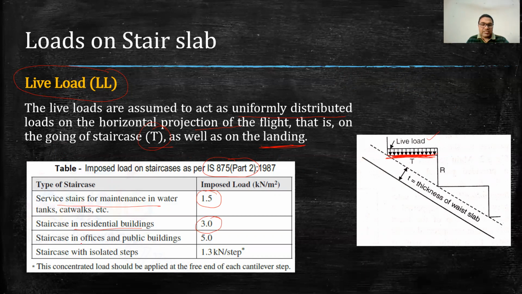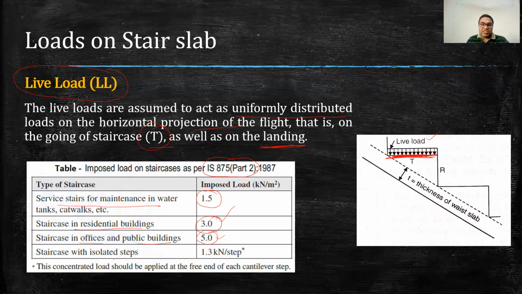If the staircase is in an office building or public building, it will be 5 kilonewton per meter square, because in a public building the chances of overcrowding will be high, and therefore we take higher live load. Similarly, chances of overcrowding in a residential building are low, so we take less load in this case.